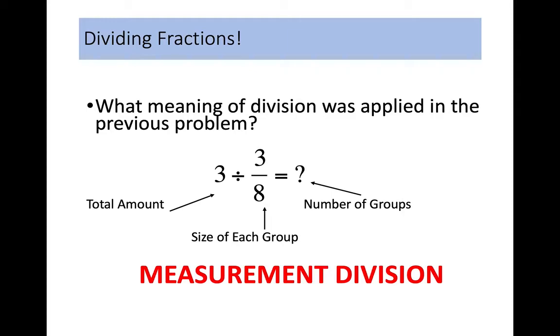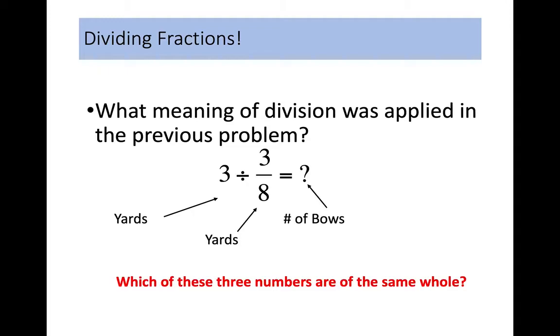And this goes back to the idea of measurement division, which was kind of like, we said, repeated subtraction. When you start with 3 and you see how many times you could subtract 3/8 until you have no more to subtract. So just connecting back to earlier learning, this is the model that works best with dividing fractions, a measurement division scenario. Works better than the partition division in general to comprehend and just make it easier to draw models for.